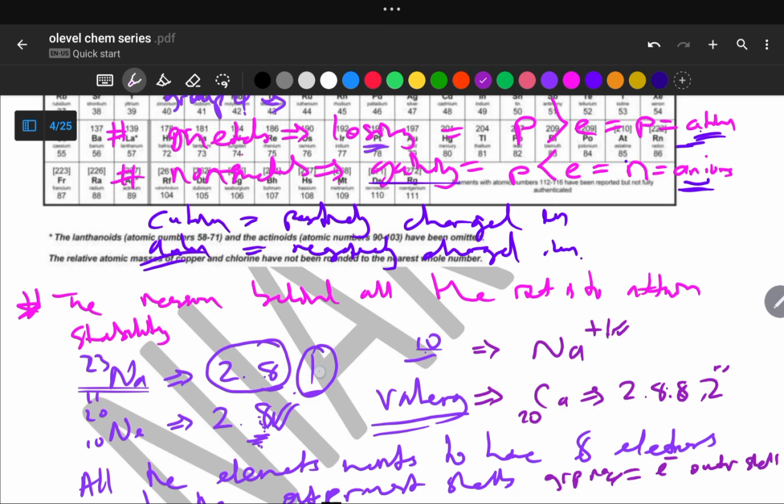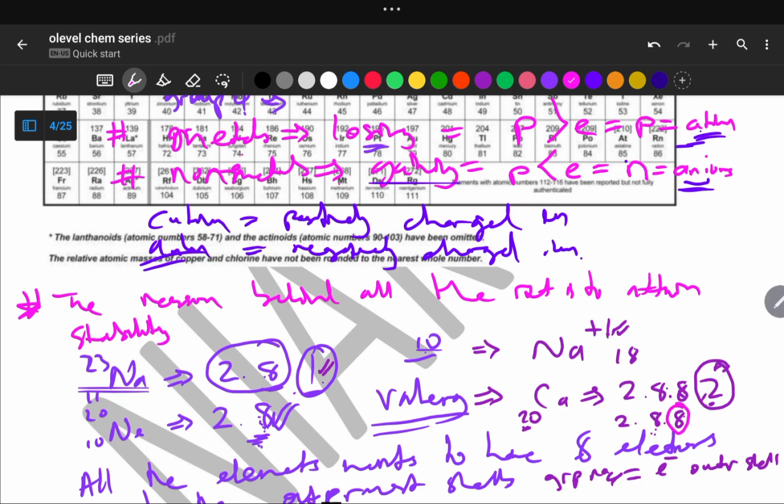So here we are having 1 electron, meaning sodium is in group 1, and here we are having 2 in the outermost shell, meaning calcium is in group 2. So calcium will lose these 2 electrons, and then we have this electronic configuration 2, 8, 8, right? So we are having 20 electrons, now we are having 18 electrons, and 8 in the outermost shell.